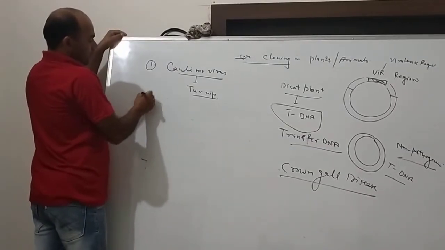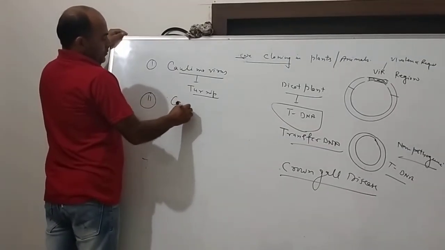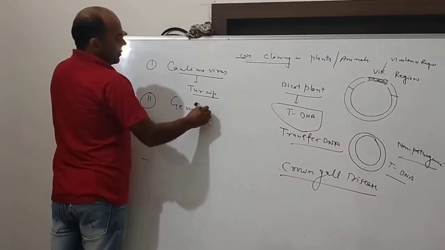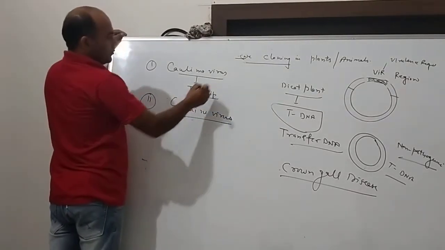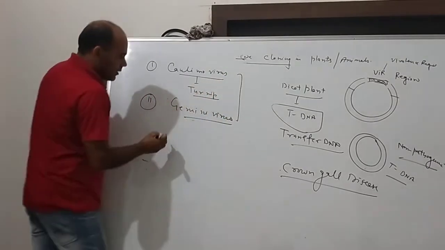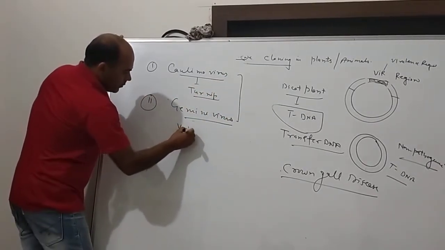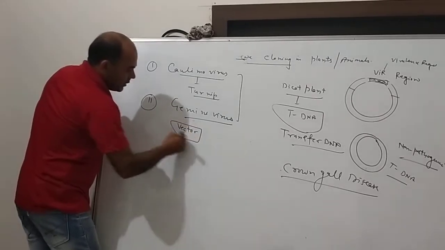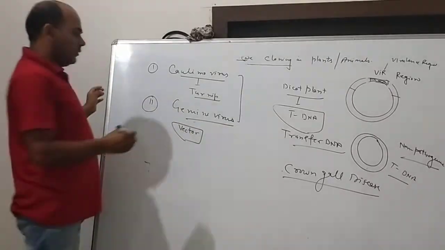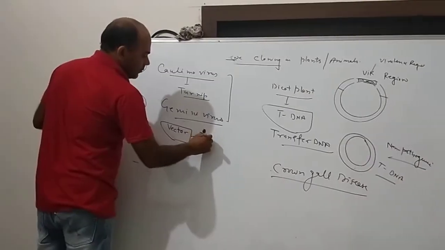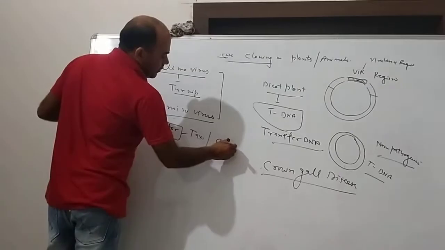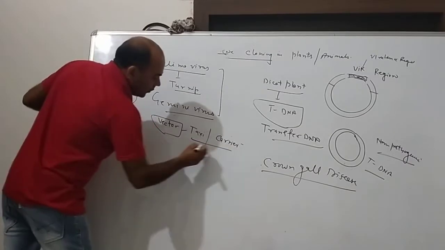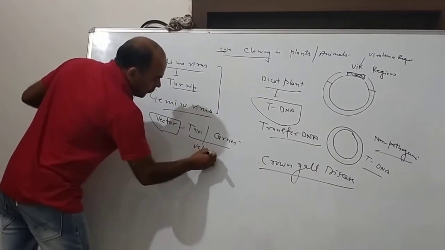Another example is Gemini virus. These both behave as vectors. A vector, as you know very well, is also called a taxi, a carrier, or a vehicle.